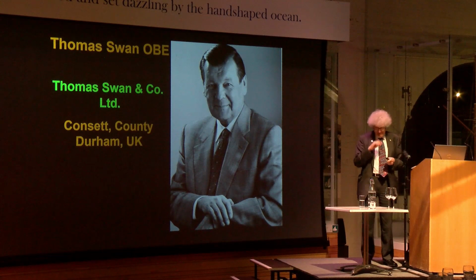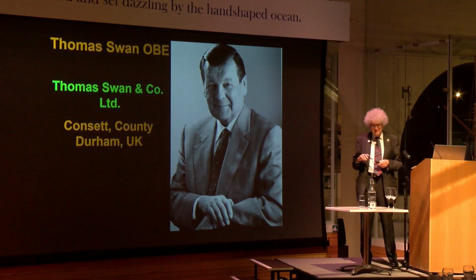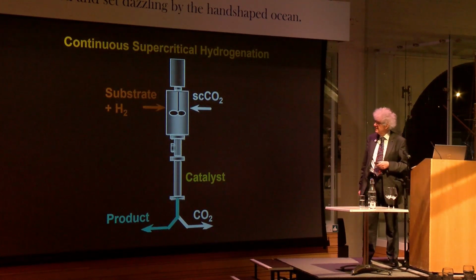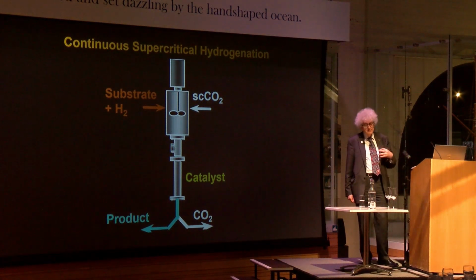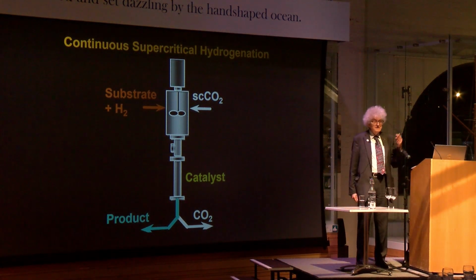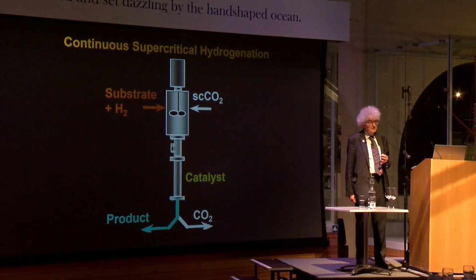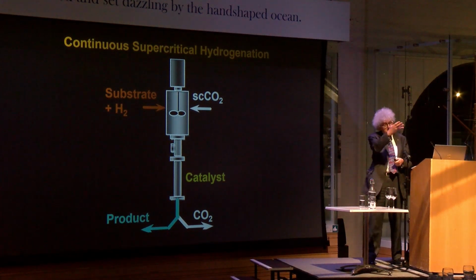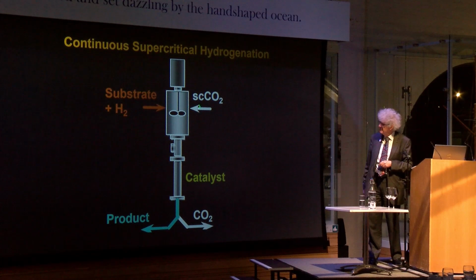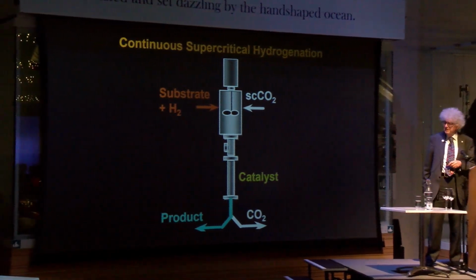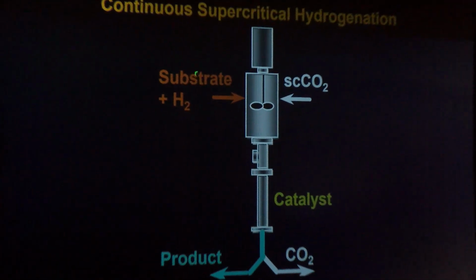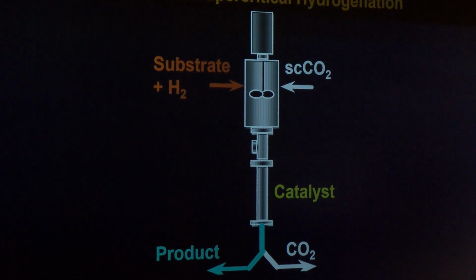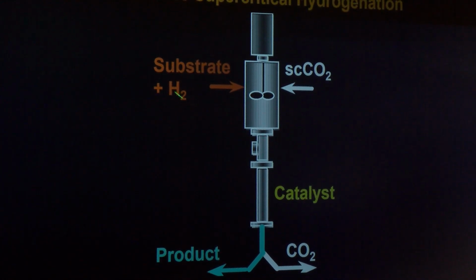After several months of discussion, we decided that what we would do is so-called hydrogenation, adding hydrogen to organic compounds. And I apologize to the chemical engineers here that this apparatus is really quite simple. You mix the substrate, the stuff you want to react, and hydrogen and supercritical CO2 with a mixer.